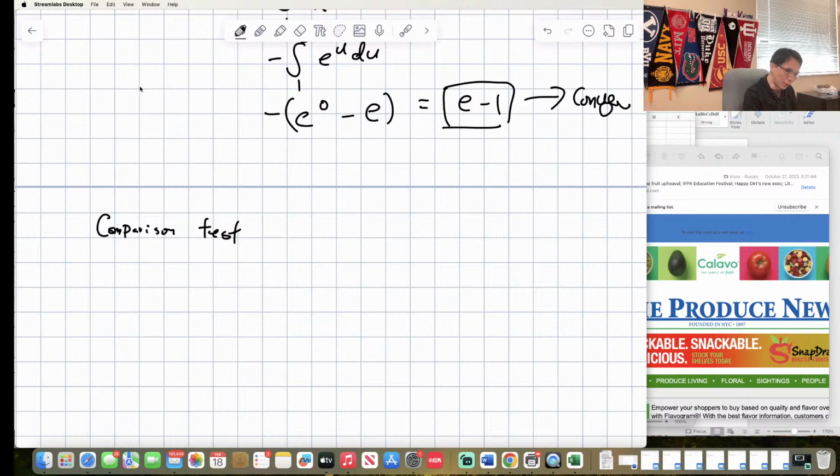It's also known as the direct comparison test. Did we already start this yesterday? No? Okay. For 0 less than a to the n less than b to the n, there are two types of sequence here.